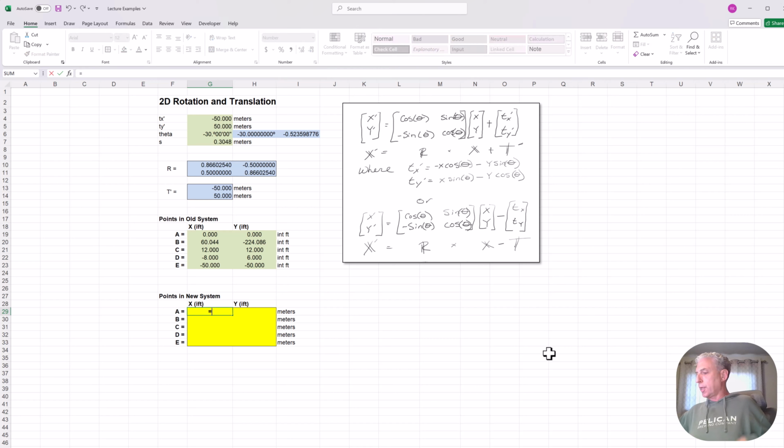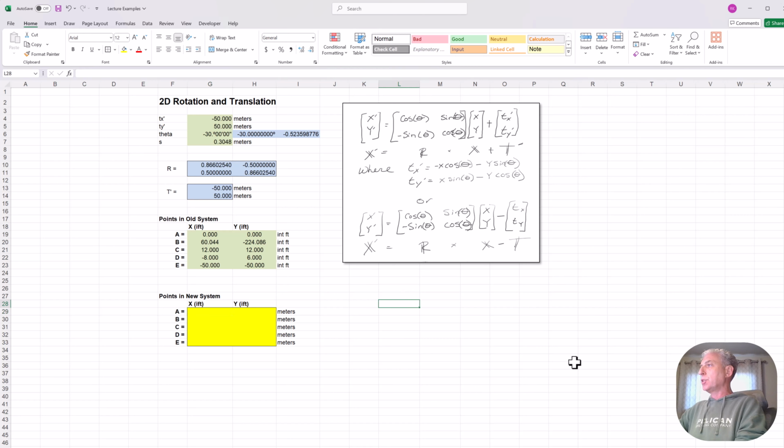Let me do this again. So this is going to equal the transpose of my formula, because again, we're building this into a row vector in this circumstance. I wouldn't need to transpose it.